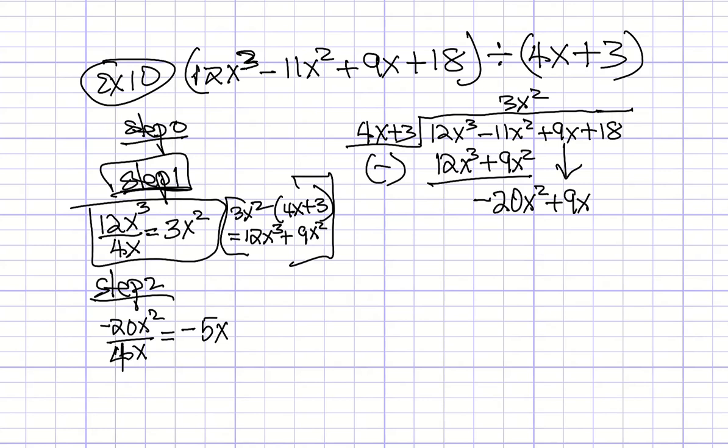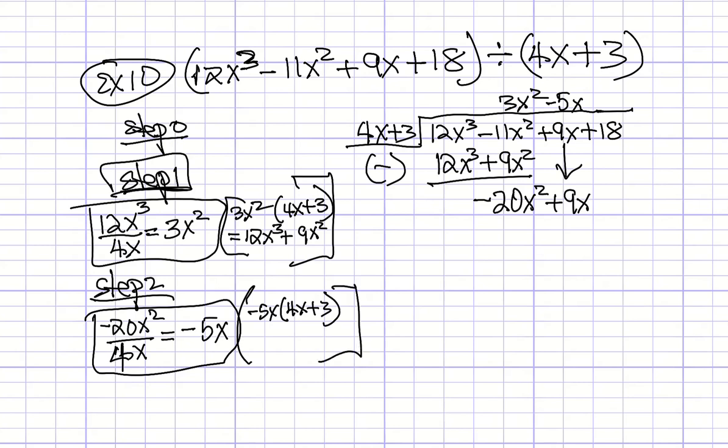Sorry, that's 4x. Okay, put that negative 5x here, and then it's negative 5x times 4x plus 3. Okay, and you get, what do you get? You get negative 20x squared, negative 15x.